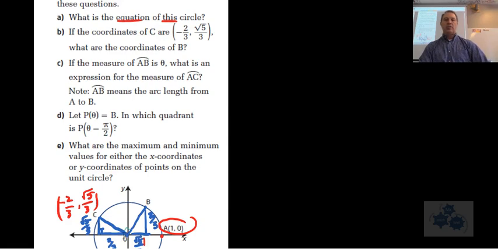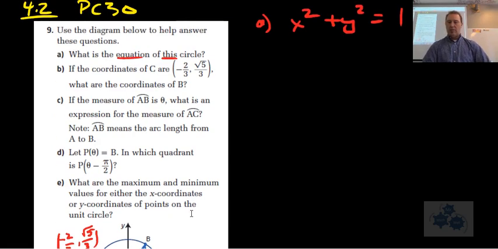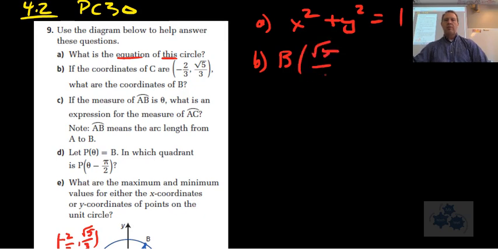Well, positive root 5 over 3 and positive 2/3 should be your answer, I think, for B. So the coordinates of B would be root 5 over 3 and positive 2/3. Does that look correct? Everybody agree with that?